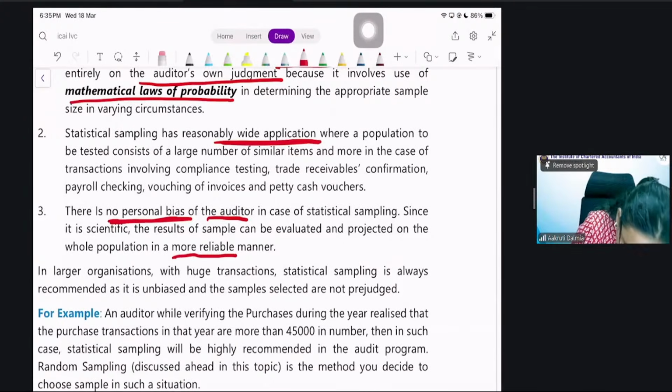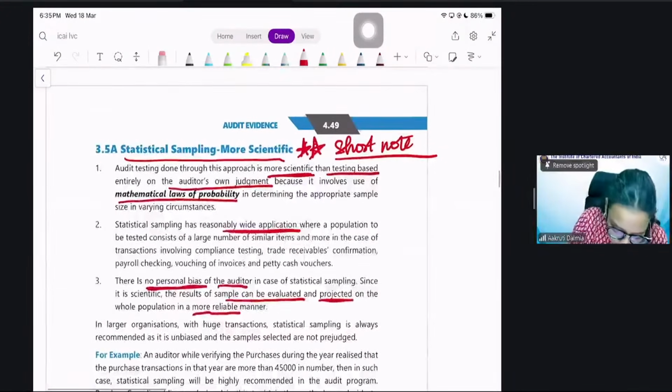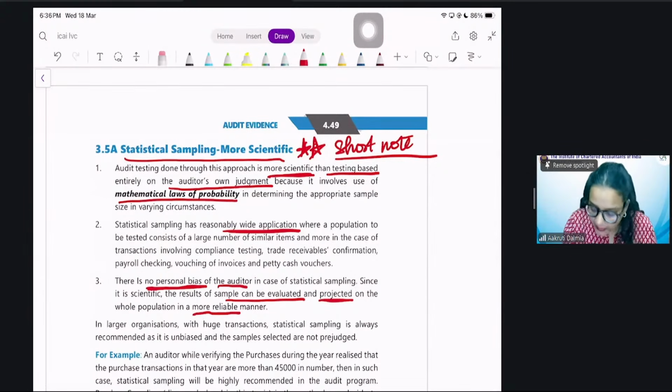It is more reliable. So sample can be evaluated and projected on more reliable basis. This much is done. So what did we see? More scientific, not use of auditor's judgment. It evaluates mathematical law of probability. It has a wider application. No personal bias of auditor. Sample can be evaluated and projected on more reliable basis. Finished. Okay.